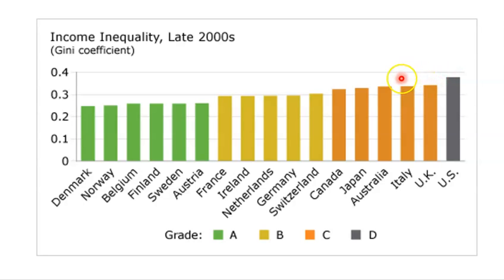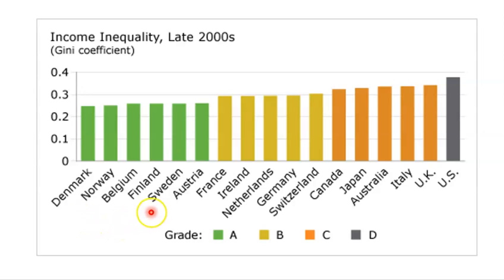And there's a group of countries, Canada included, which have relatively high income inequality as measured by the Gini coefficient compared to a number of countries in Europe. These ones that are, by these particular researchers, given a grade of A, Canada gets a C. So they're the usual suspects.